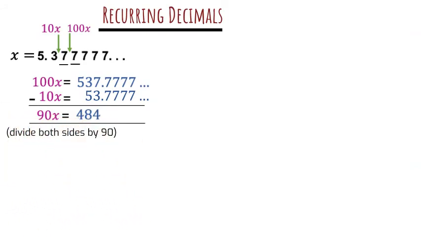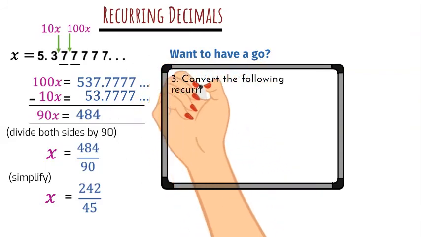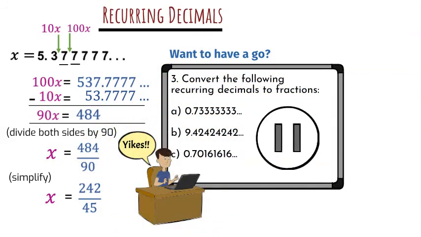Now I'm going to divide both sides by 90, and I get x is equal to 484 all over 90, and we can actually divide top and bottom by 2, giving us 242 over 45. Now, why don't you have a go at some of these more challenging ones? If you accept this challenge, pause the video now.